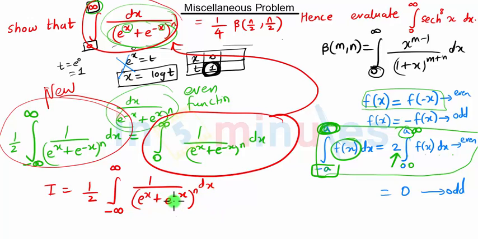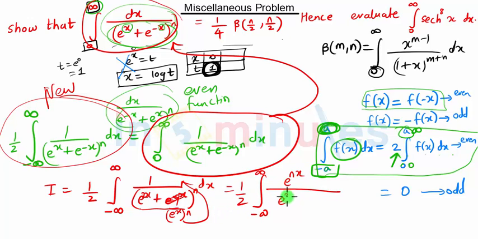We can write this e raised to minus x as 1 upon e raised to x, and we cross multiply, then we get half integration of minus infinity to infinity e raised to nx, this is the whole raised to n. So in the denominator, when we cross multiply, here it will be e raised to 2x upon e raised to x the whole raised to n. So when it goes in the numerator, it will be e raised to nx upon e raised to 2x plus 1 the whole raised to n into dx.